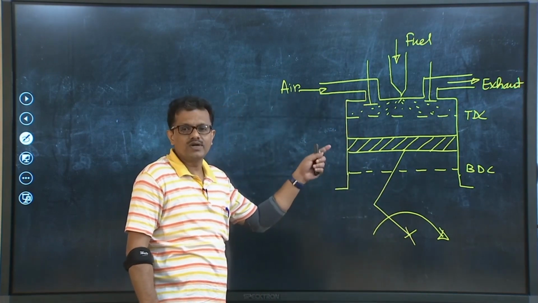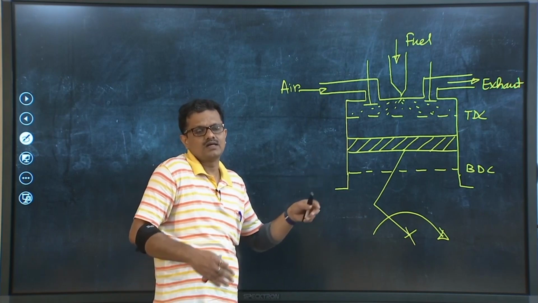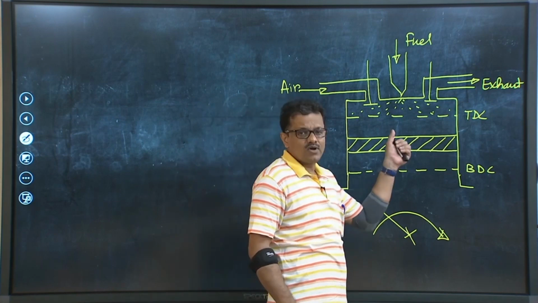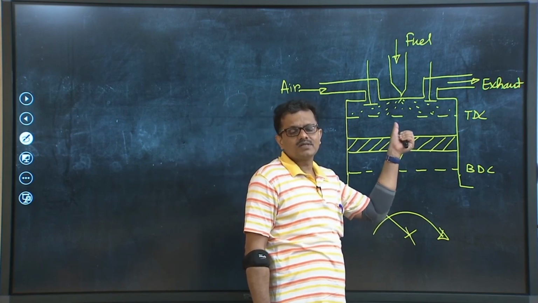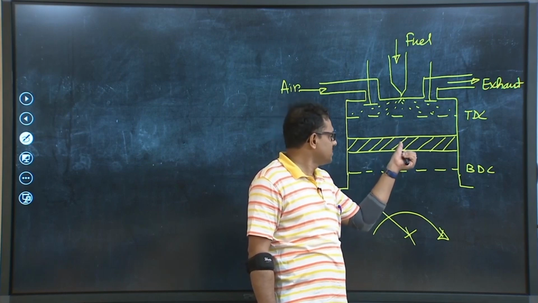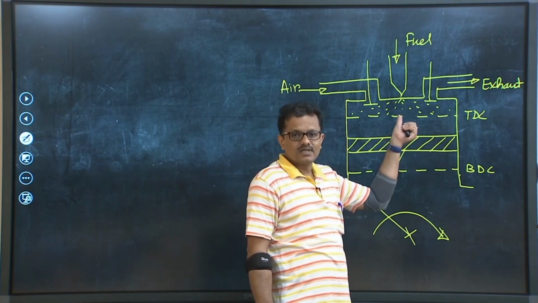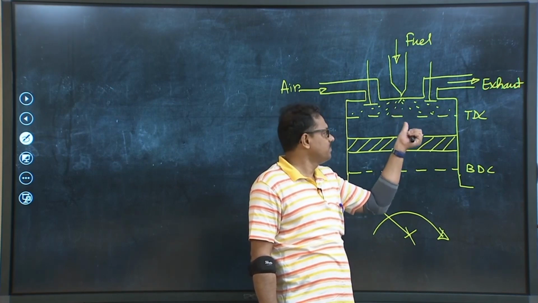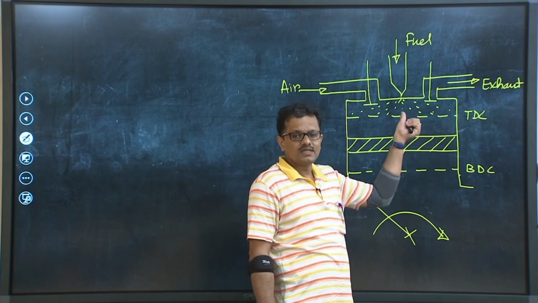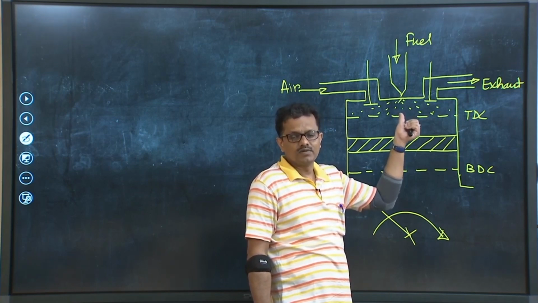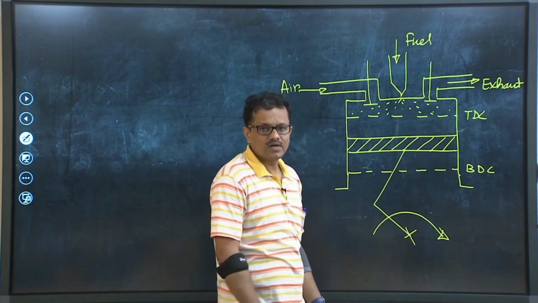But for the CI engines, or the diesel cycle, which is what we are going to discuss today, you know that it is not possible to represent the combustion process by a constant volume heat addition. Why? The piston will be reaching TDC. In fact, even if we start spraying fuel when the piston is about to reach TDC, it is not possible to mimic the combustion process by constant volume, because we have discussed two important things.